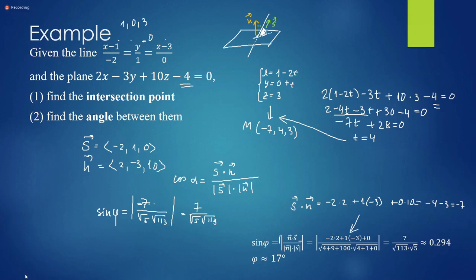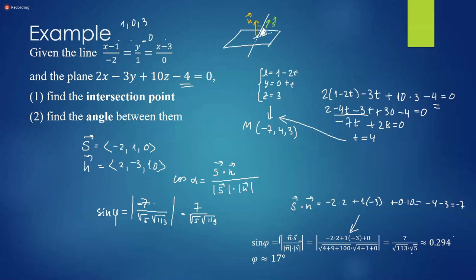And it turns out that the angle phi is approximately 17 degrees. So this last part, of course, is using a calculator. So this is generally how we do this in practice.